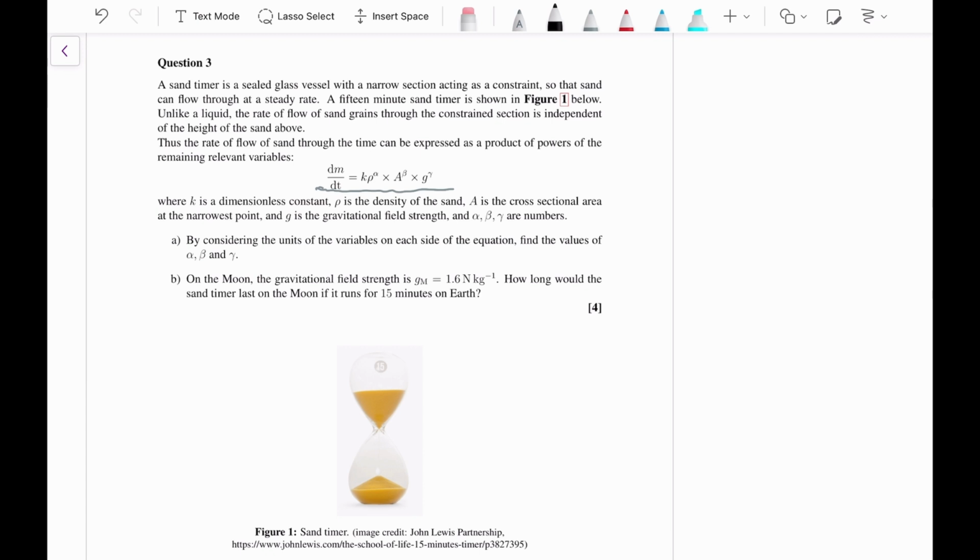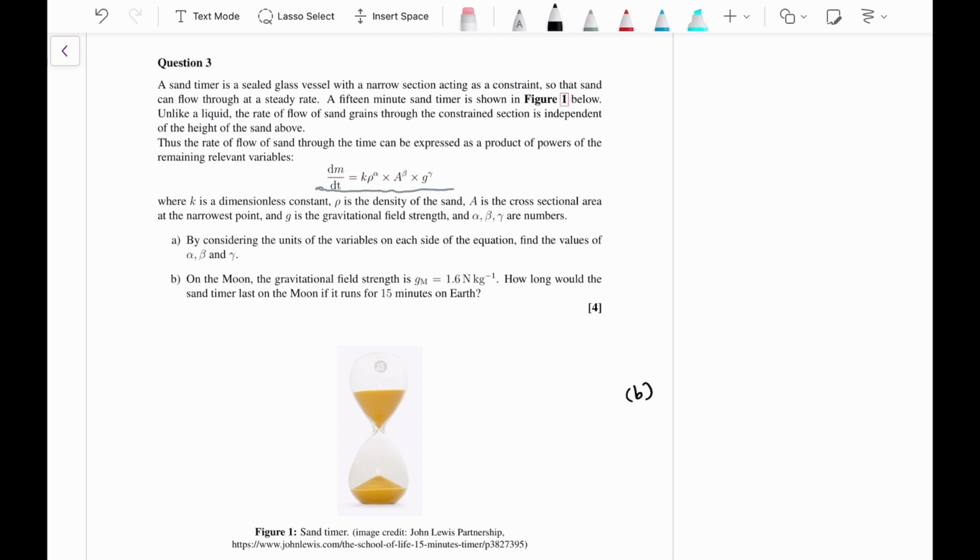Now let's see the second component of the question. So question B. It asks, on the moon, the gravitational field strength Gm is equal to 1.6. How long will the sand timer last on the moon if it runs for 15 minutes on Earth?